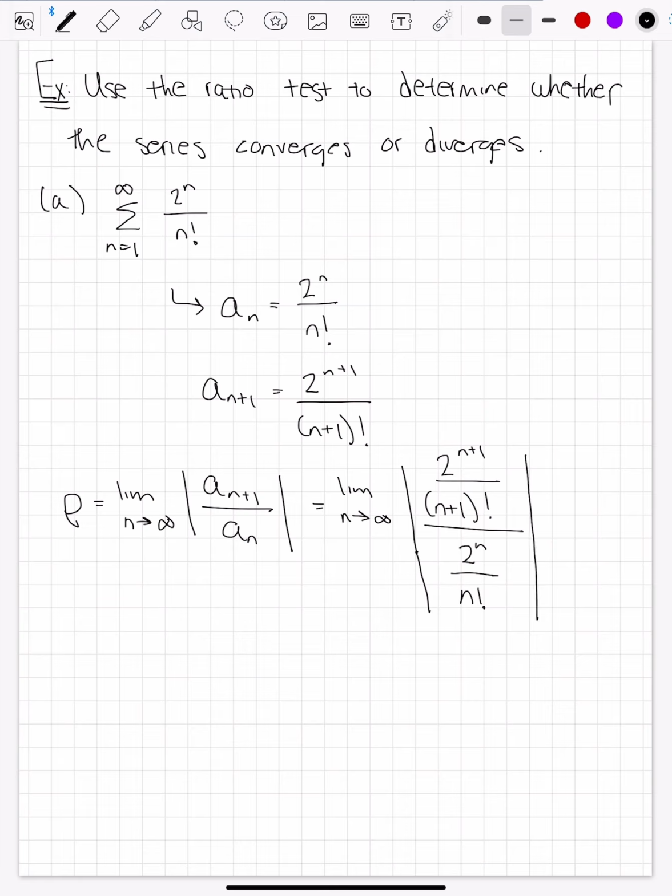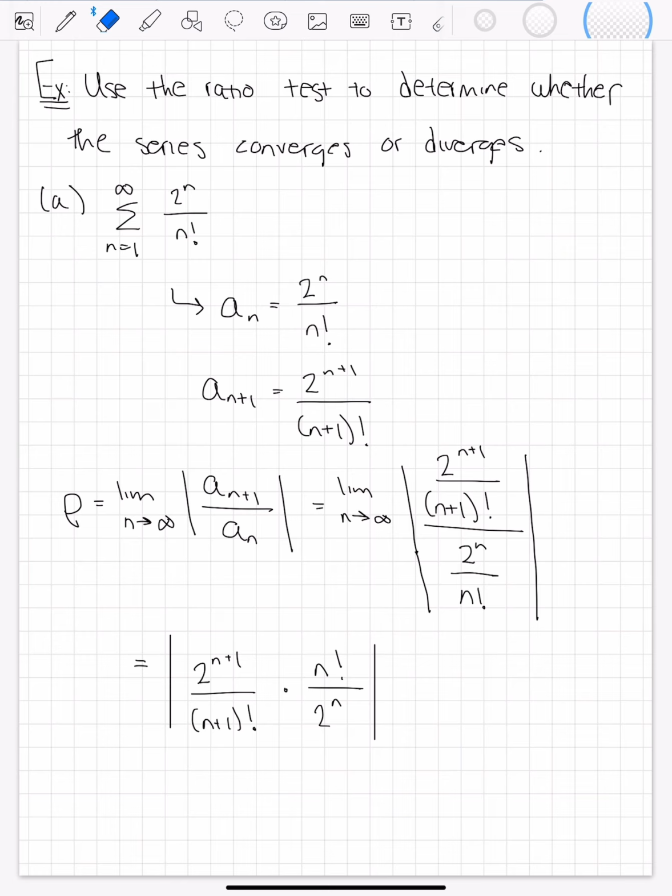If our series has a fraction in it, this is a fraction divided by a fraction, which we can't do directly. So we multiply by the reciprocal of the denominator. I'm going to flip that denominator, and it becomes n factorial over 2 to the n.